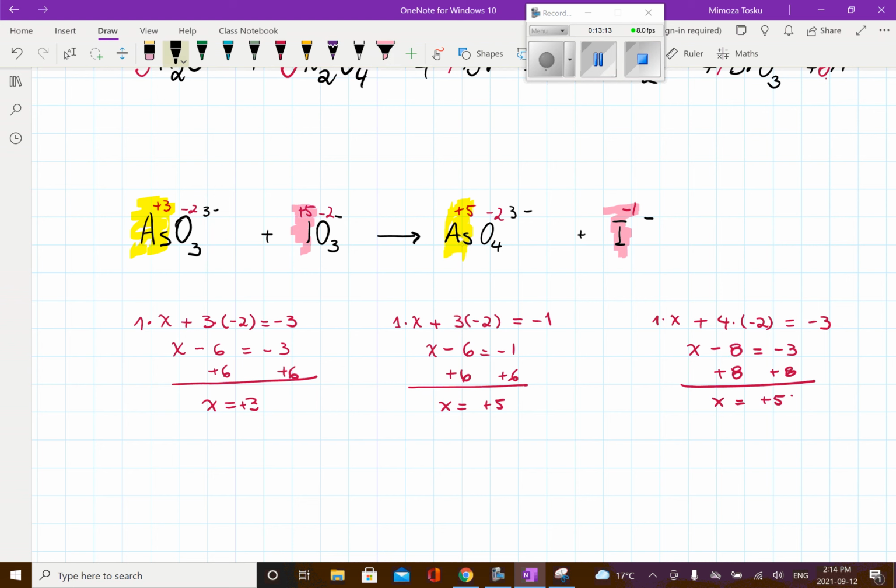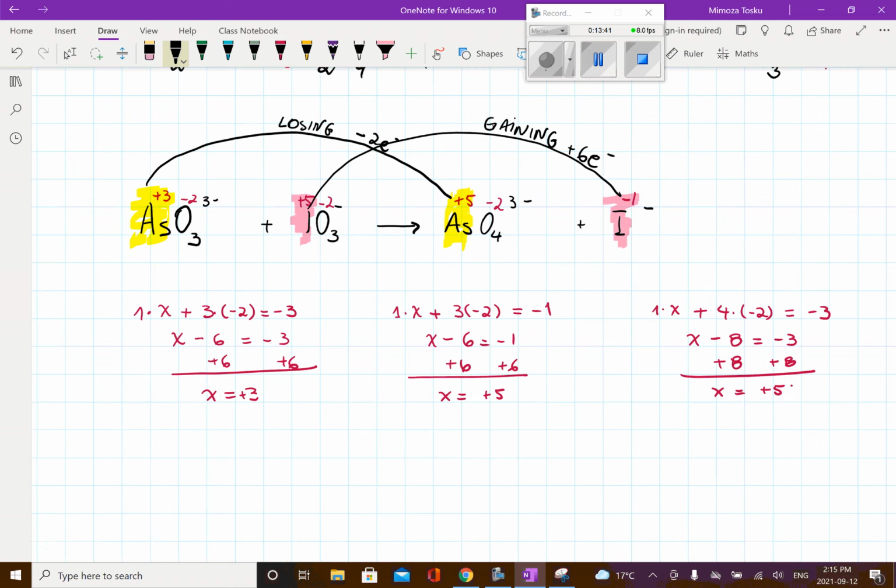So when we see this, we realize that what is happening with AS is losing 2 electrons, and what is happening with iodine is gaining 6 electrons.